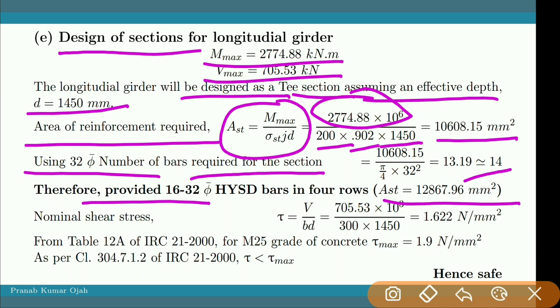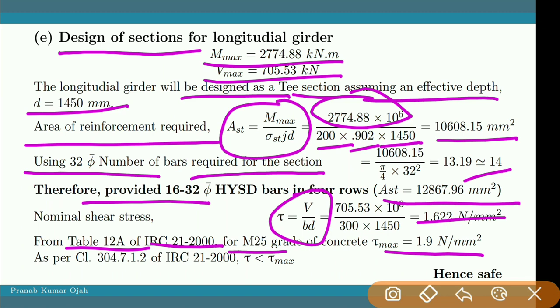Next I will calculate the nominal shear, which is V divided by bd. So the maximum shear force divided by the cross-sectional area comes out as 1.622 Newton per square mm. Then, from table 12A of IRC 21, for M25 grade of concrete, tau max is 1.9 Newton per square mm.